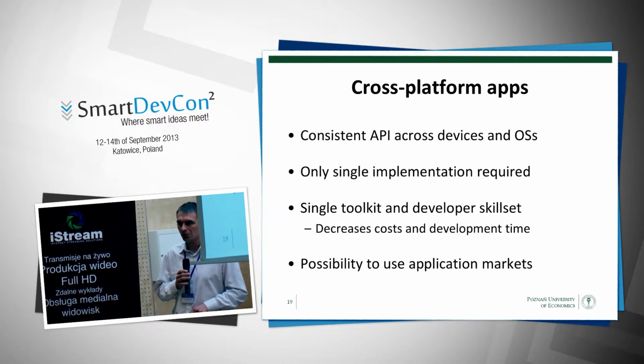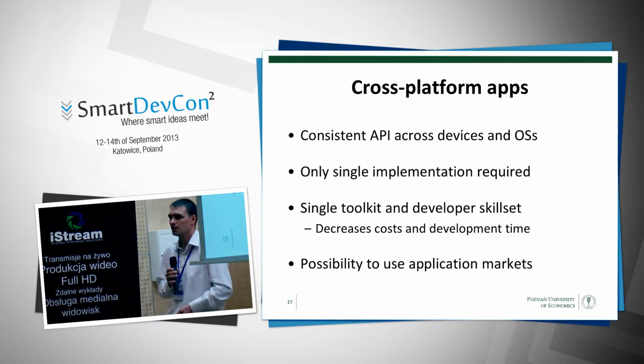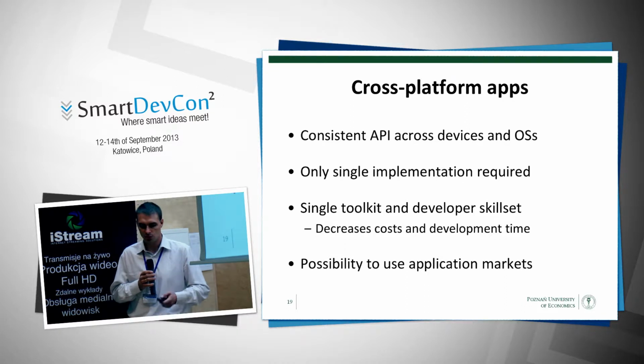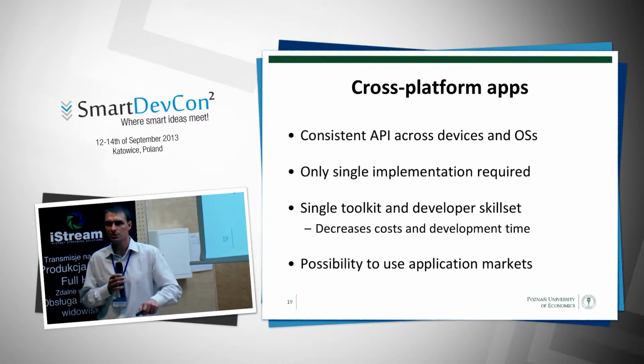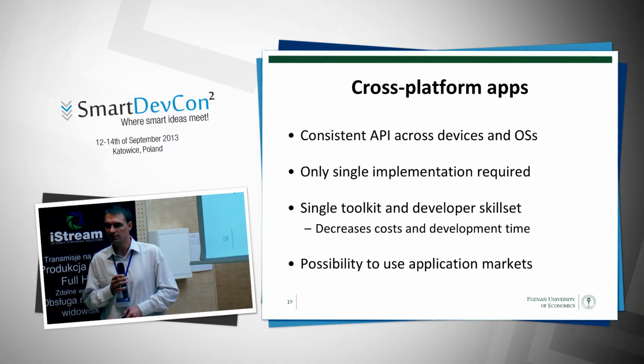Also, you need a single developer skill set to build the application, because you do it only once in a given language using a specific project structure and specific tools. So the costs are significantly lower, and you can also use application markets to promote and publish your application. So it's all better in this regard than native apps.